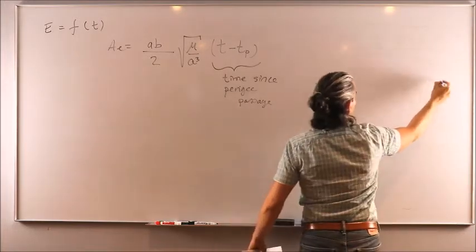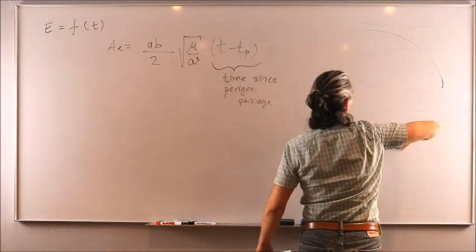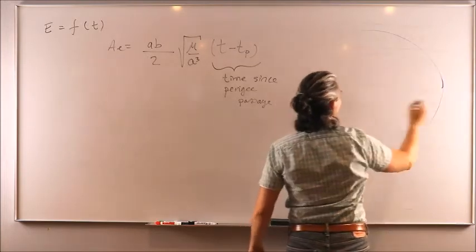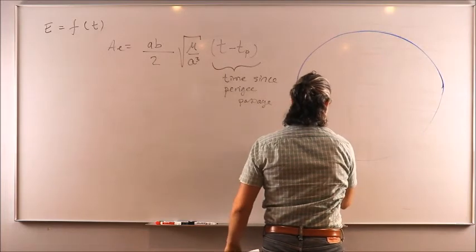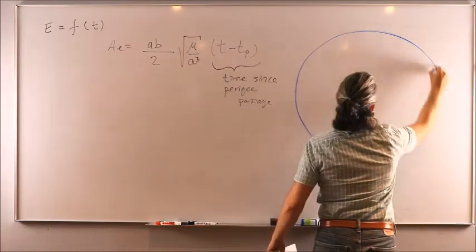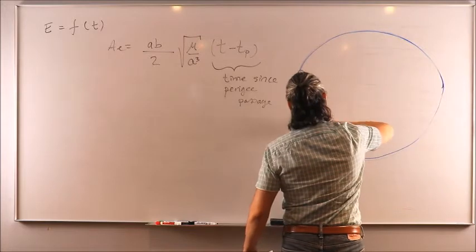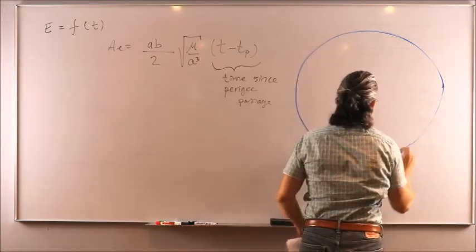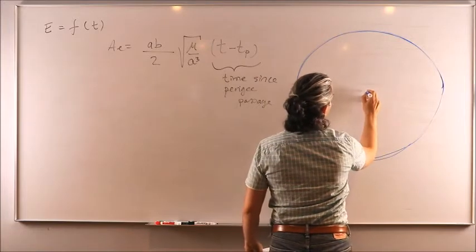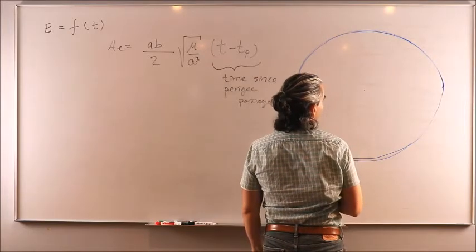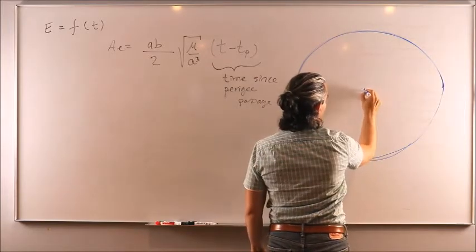If you have the auxiliary circle that encloses the elliptical orbit inside of it, I'm not going to draw the elliptical orbit because we don't need it for this discussion. So let's just focus on the auxiliary circle now. We have the origin of the ellipse and the circle, or the center, right here.